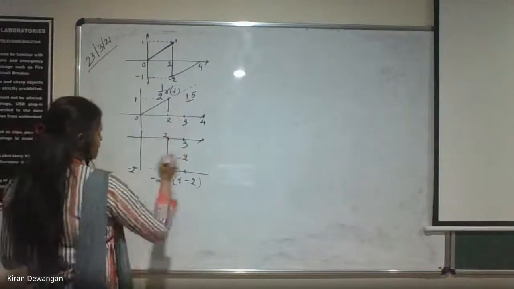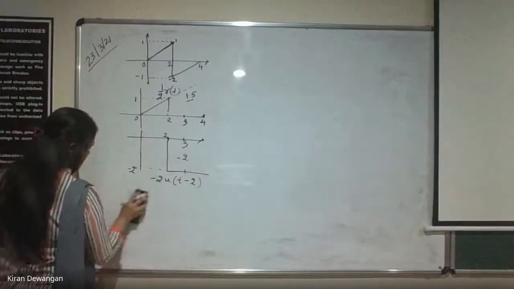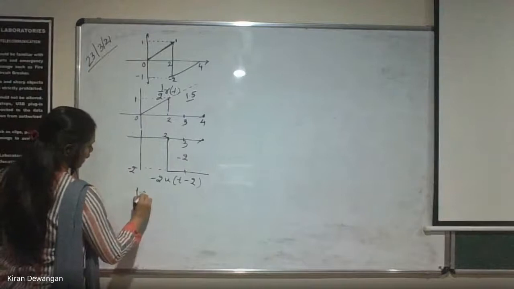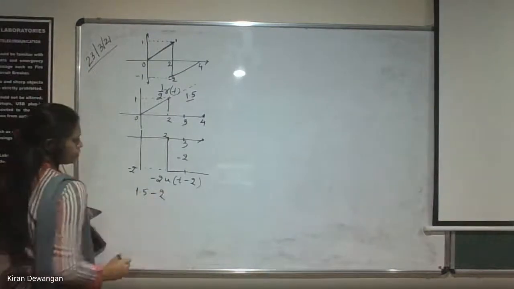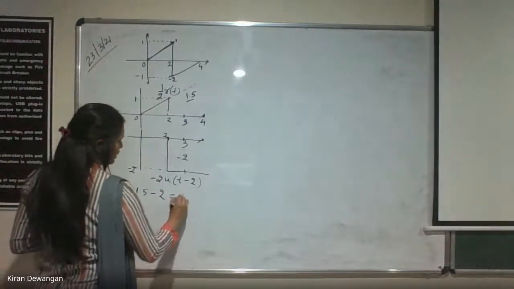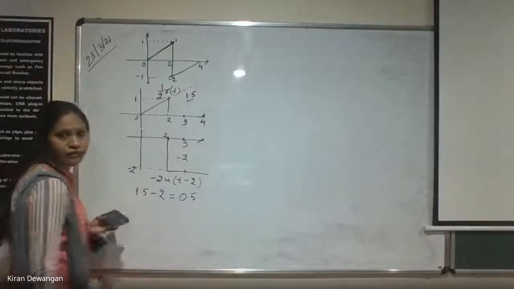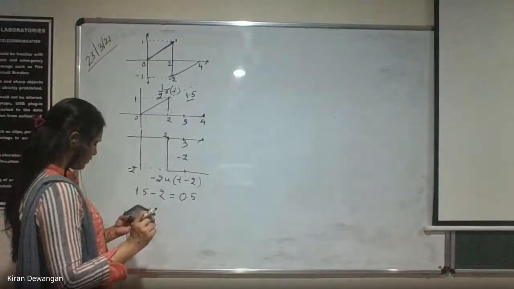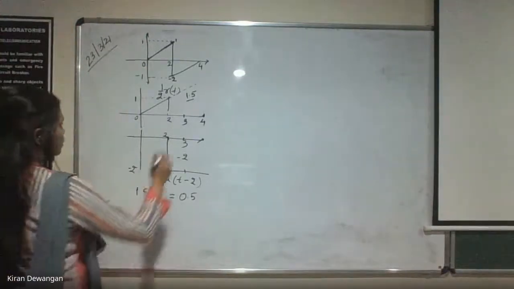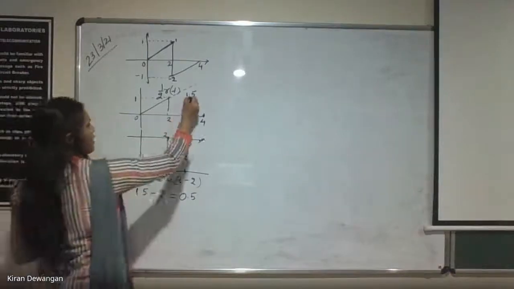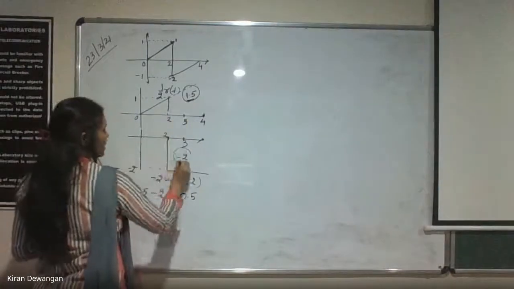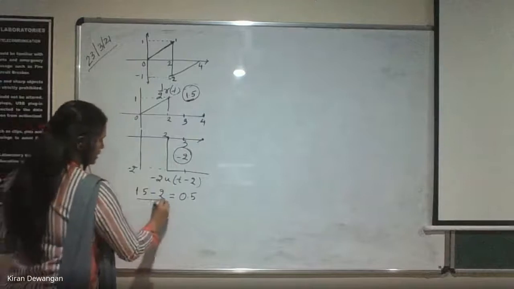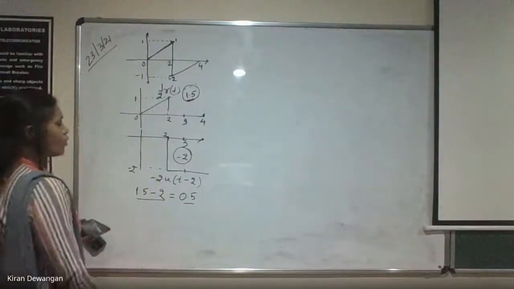Now if we add these two, that is 1.5 minus 2, what will it be? If we add these two, this value is 1.5 and this value is -2. Now if we are adding these two, we are getting -0.5.